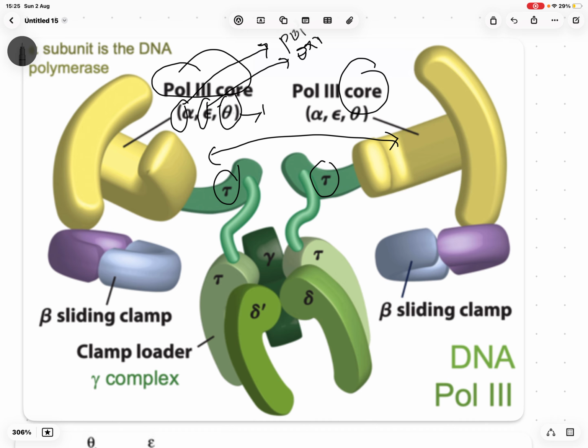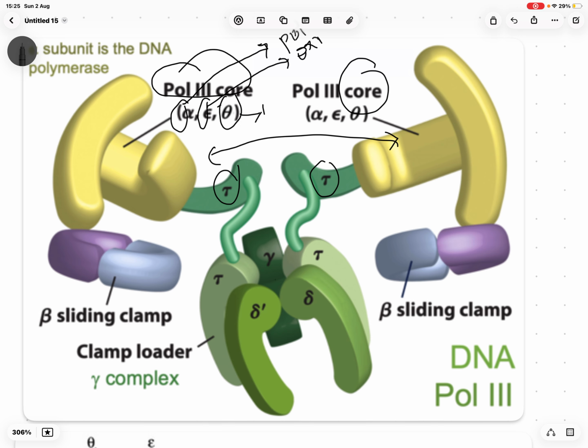That's why two polymerases are required to synthesize the daughter DNAs from the two template DNAs. Therefore the two polymerase enzymes are connected by these tau proteins.